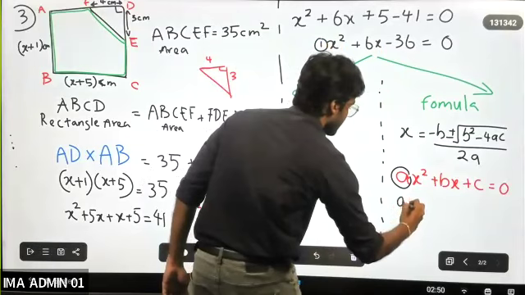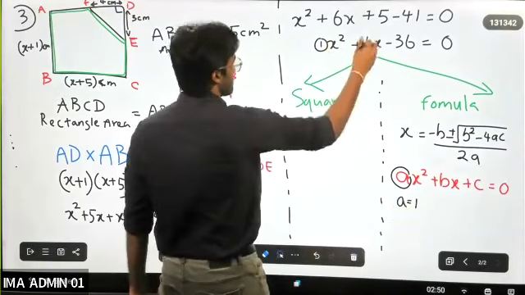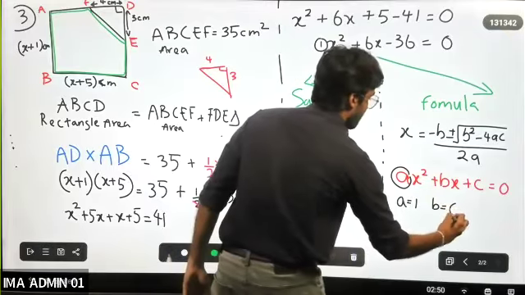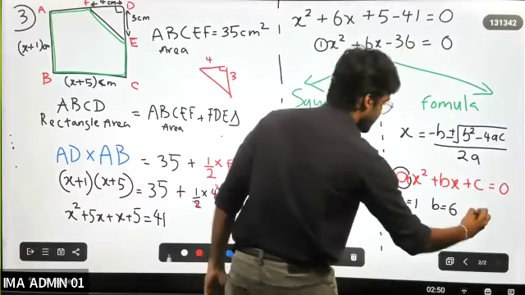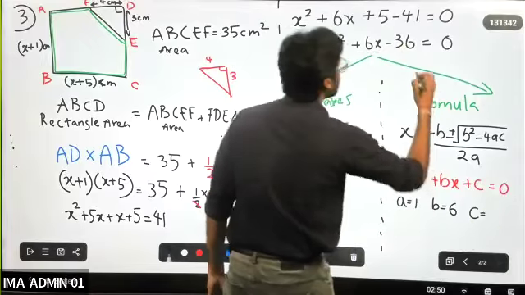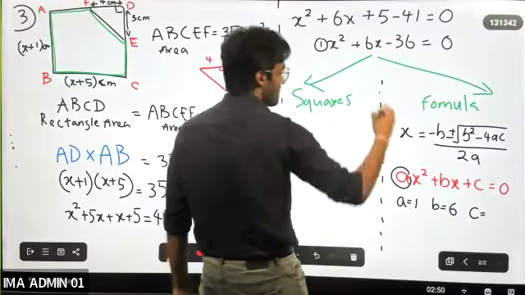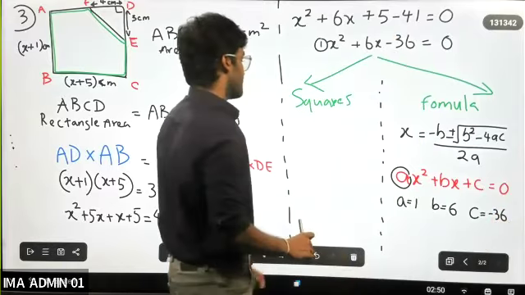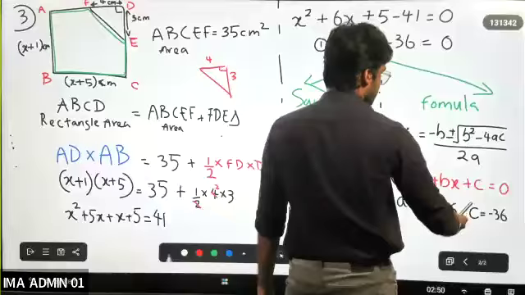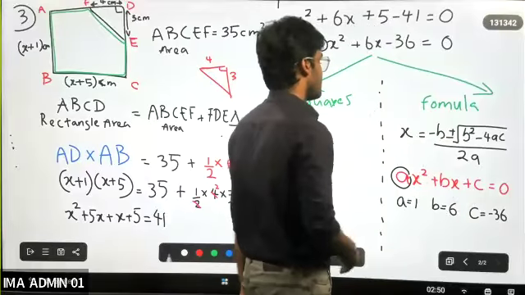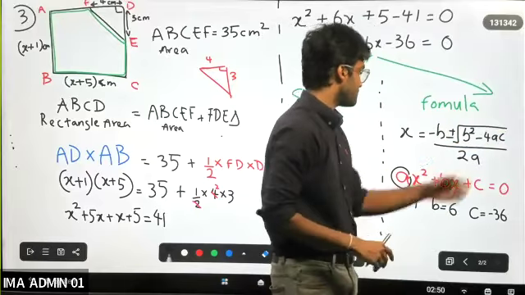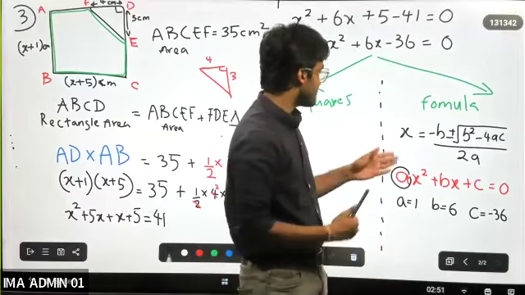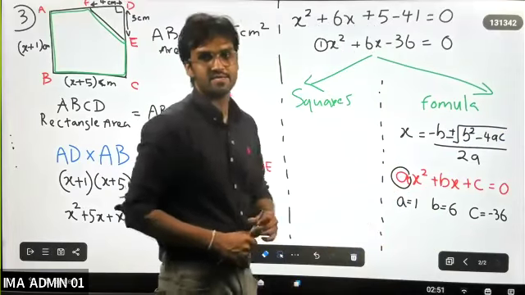So here a is 1. And here b is 6. And c is here minus 36. Here you have minus, so minus 36. Right? So simply you have to add these values accordingly to this formula, and you will straight away have an answer for x. Right?